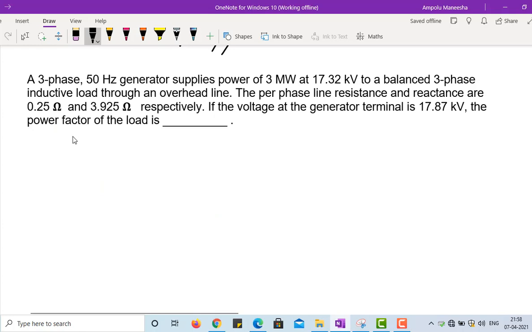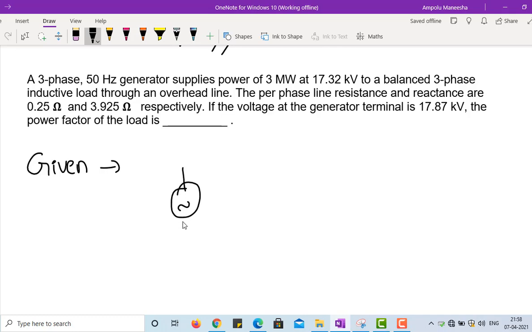Let us solve the problem. First, given data. Given it is a three-phase 50 Hz generator supplying a power of 3 megawatts through a transmission line to an inductive load.